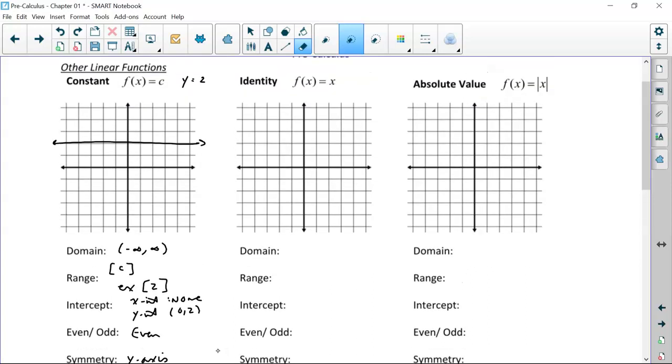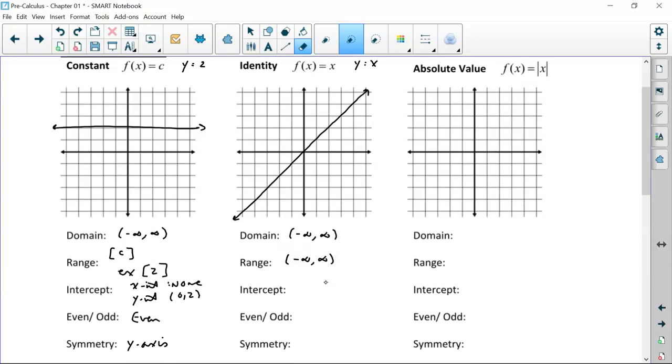Now we have the identity function. This is just y equals x. This is really the parent function for all of these linear functions where y equals x. So now our domain stays the same, negative infinity to positive infinity. Range, all real numbers, so negative infinity to positive infinity.